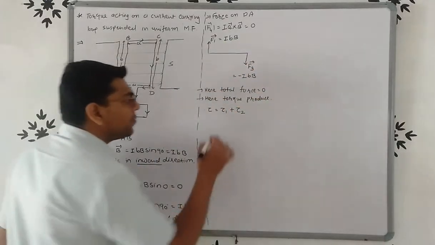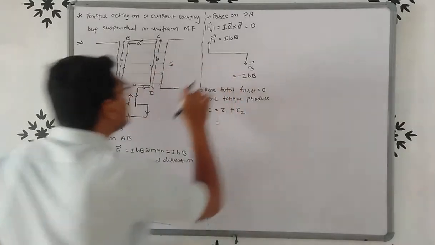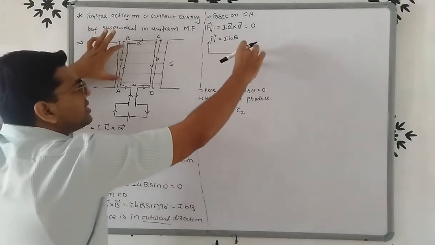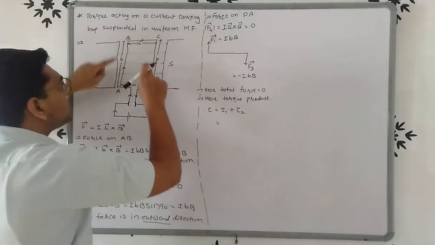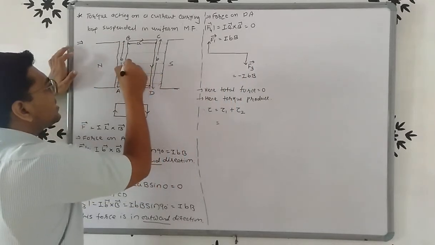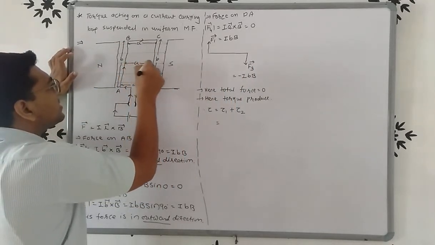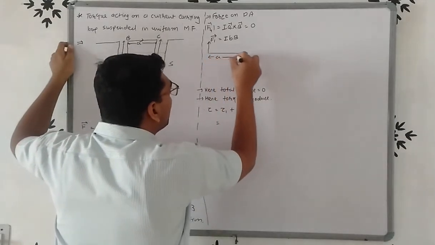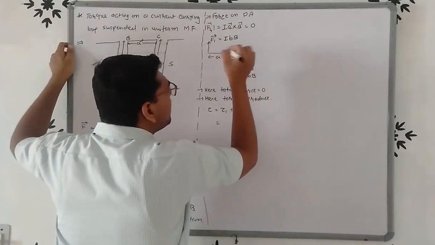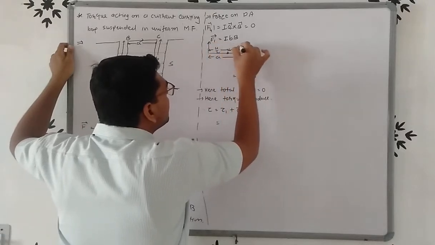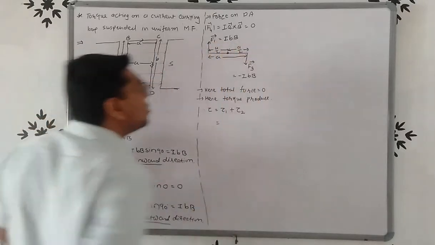Right? So this is the force on AB and this is the force on CD. The distance between AB and CD is small a. If this distance is small a, then from the midpoint, this distance is a by 2 and this distance is also a by 2.